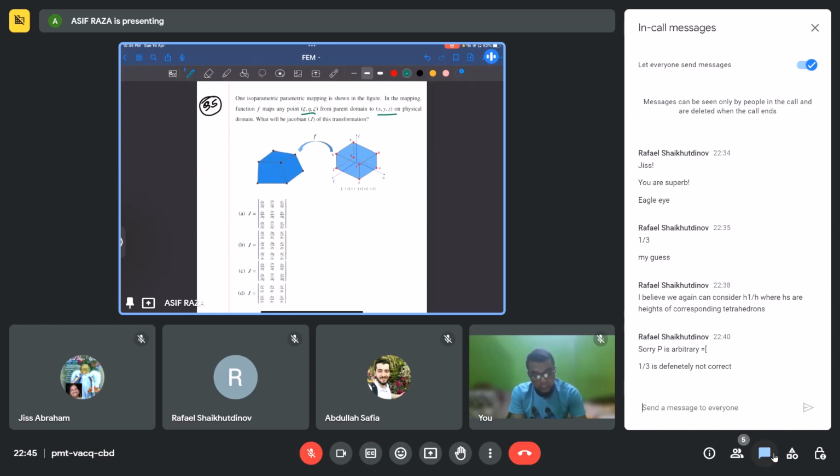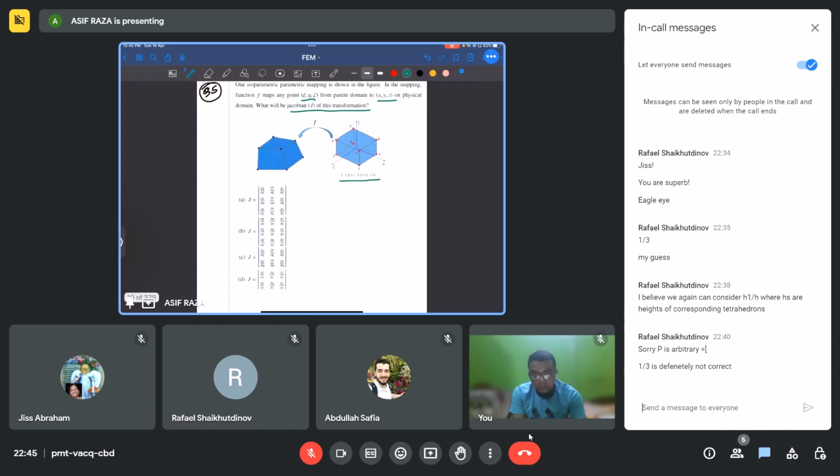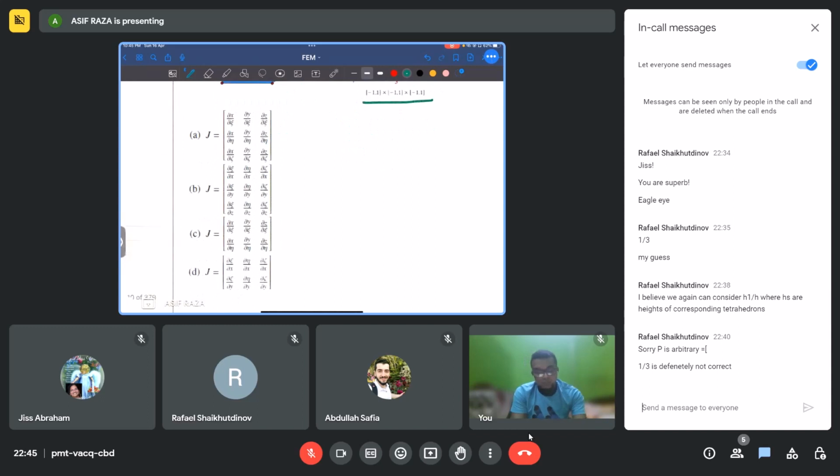What will be the Jacobian of this transformation? And this parent domain system has the coordinate system from -1 to 1 for all three xi, eta, zeta coordinates. So we have all these 4 options. Yeah, zoom in if you guys have issue to see. What do you think? What will be the correct option?